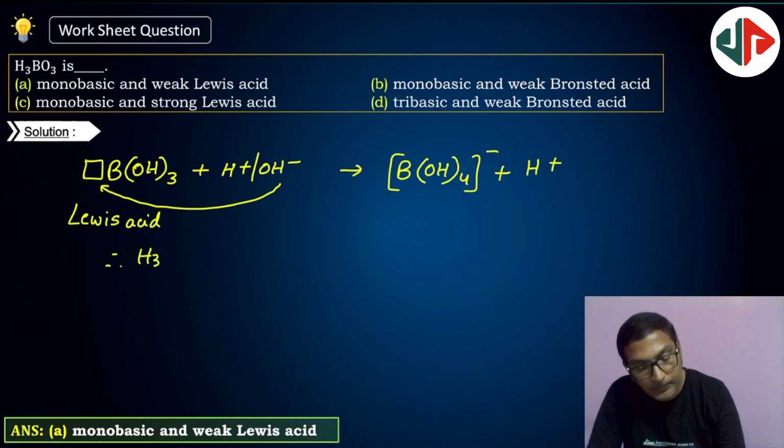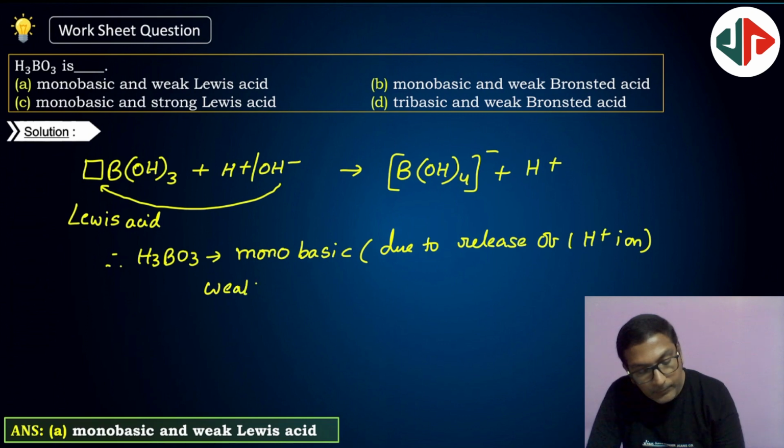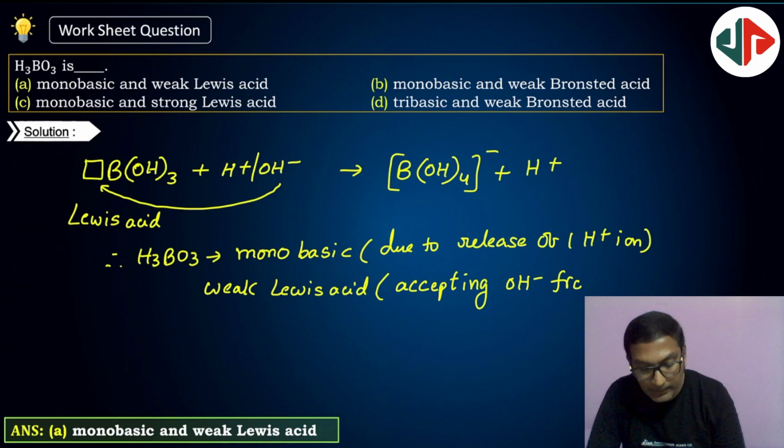Therefore, H3BO3 is monobasic due to release of one H+ ion by one molecule, and a weak Lewis acid, because it is accepting OH- from water, from H2O.